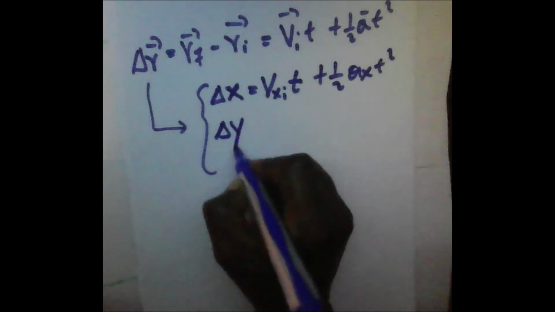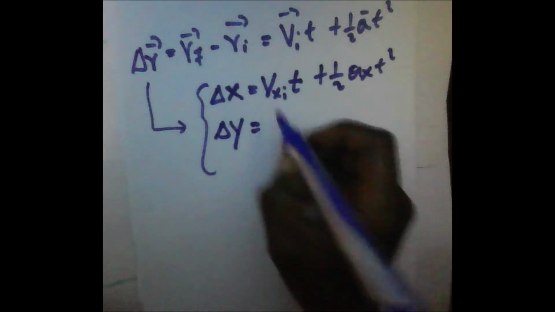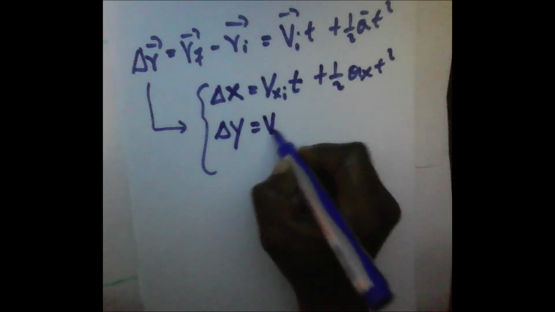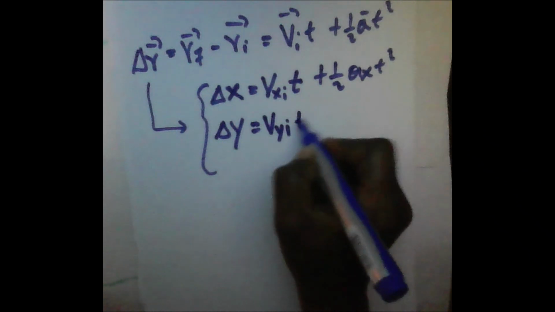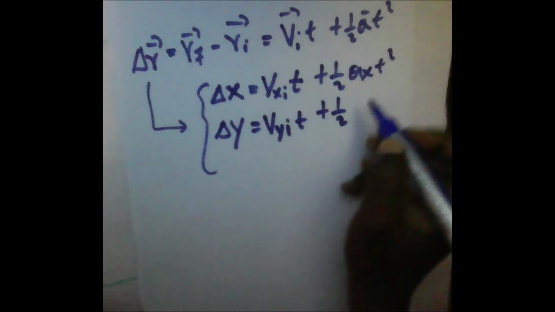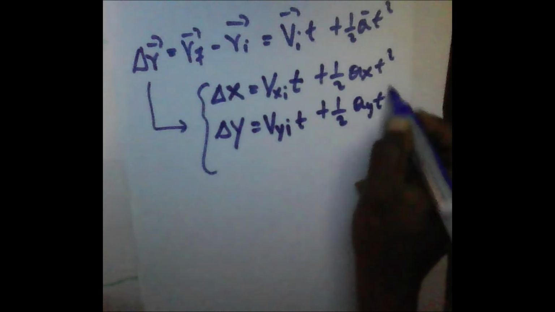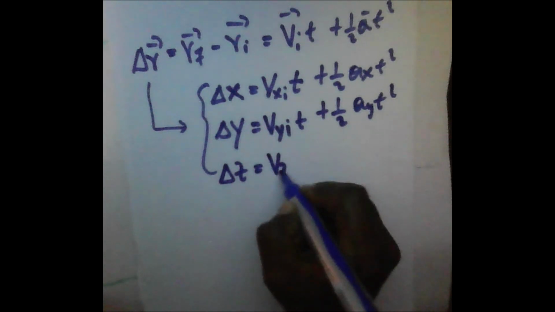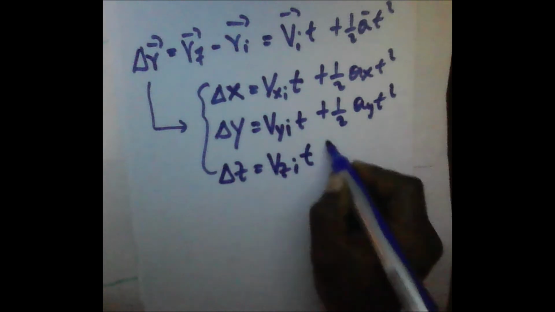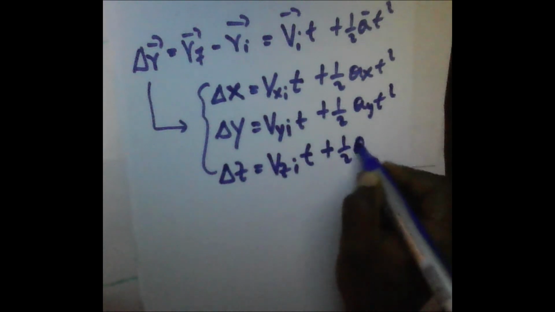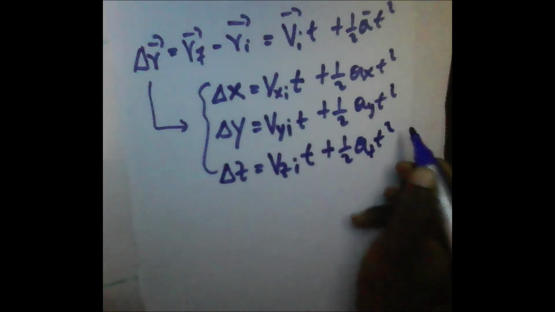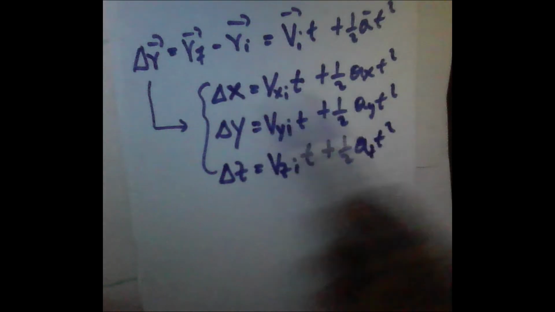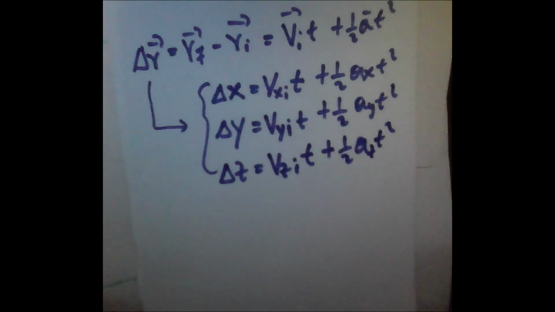What about change in y? Instead of vx, we take vy initial times t plus half ay t square. If it is change in z, it will be equal to vz initial times t plus half az t square. So based on this, we can solve different questions.